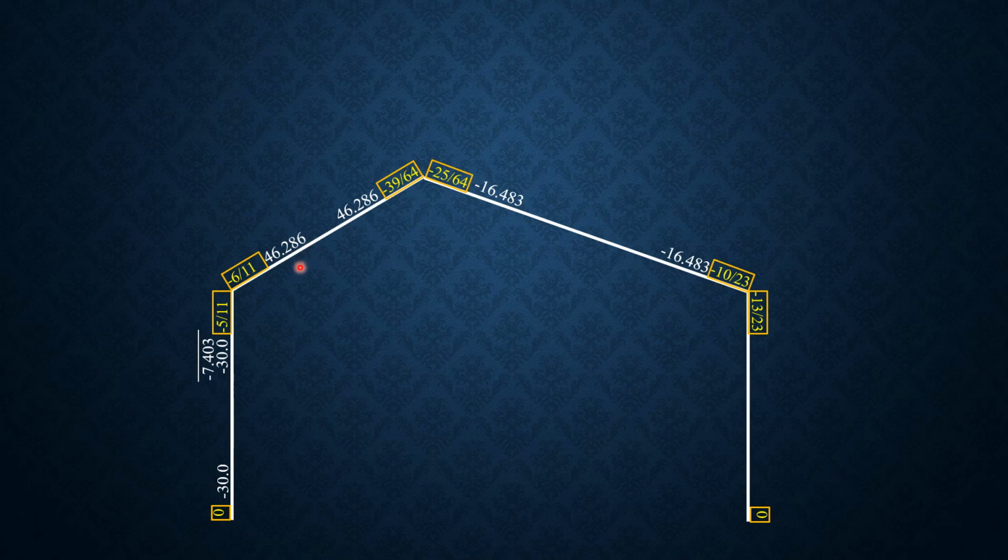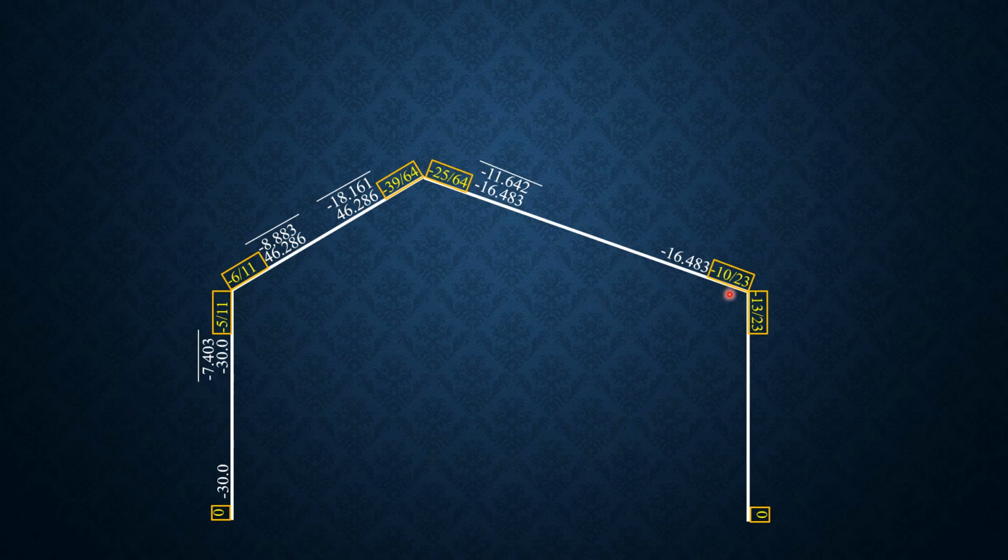Then same quantity 46.286 minus 30.0 times negative 6 over 11 is negative 8.883 lakh. Then we proceed to this joint, quantity 46.286 minus 16.483 times negative 39 over 64 is negative 18.161 lakh. Then same quantity times negative 25 over 64 is negative 11.642 lakh.